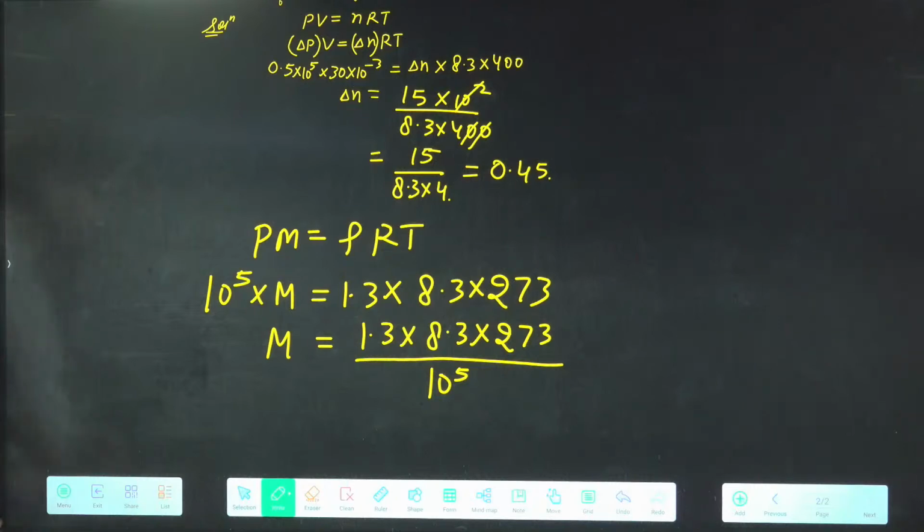Okay, I'll calculate on the calculator, otherwise it will take time. 0.029. At least say one common answer; everybody is saying a different answer.